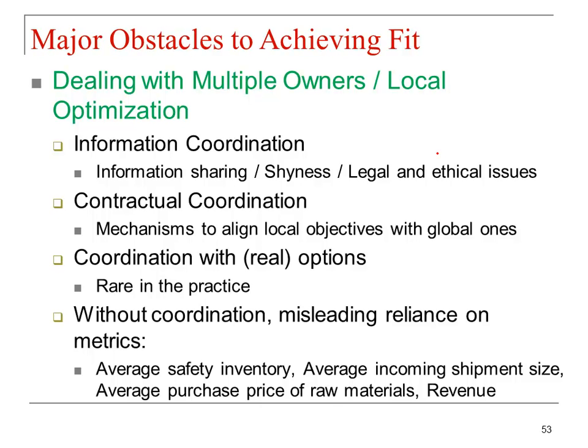In terms of dealing with multiple owners, information coordination is important, contractual coordination, coordination with real options. That's very rare in practice. Without coordination, there's misleading reliance on metrics, like average safety inventory or average incoming shipment size, that might not give you the right understanding of the real picture of your company.